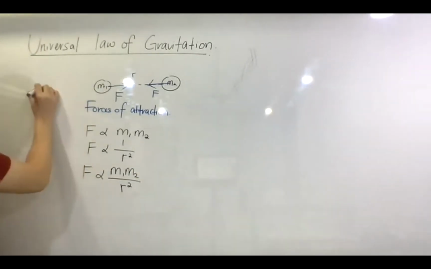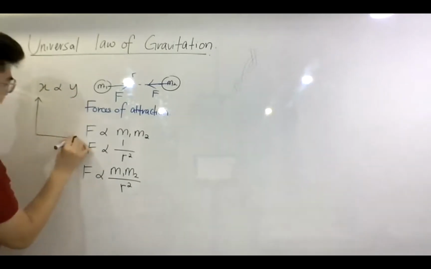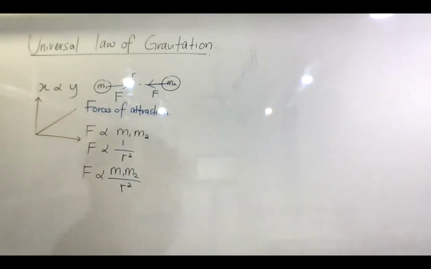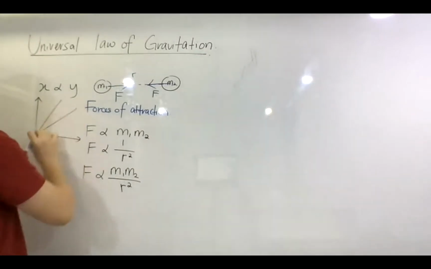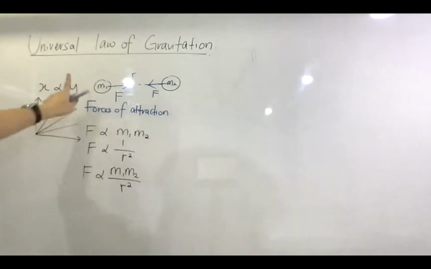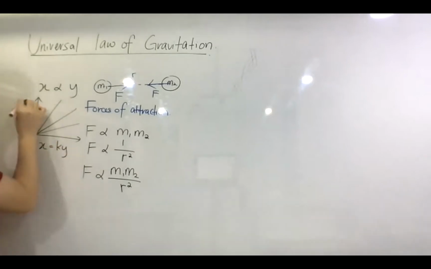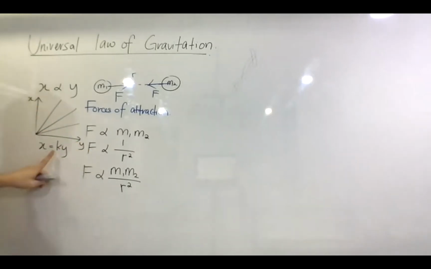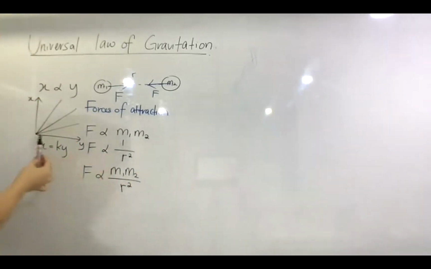Because normally if you say x is proportional to y, what is your graph? Your graph is a straight line, right? This straight line has a gradient. It can be like this, like this, like this, so what is the gradient? That is the constant. It means I can write it as x equals ky, where k represents the constant or the slope. If I want to convert directly proportional to an equation, I can write it like this.